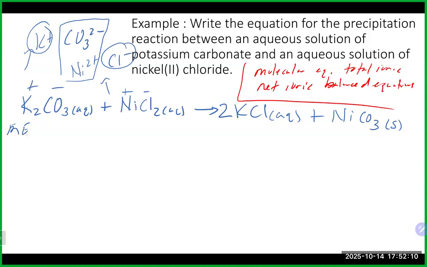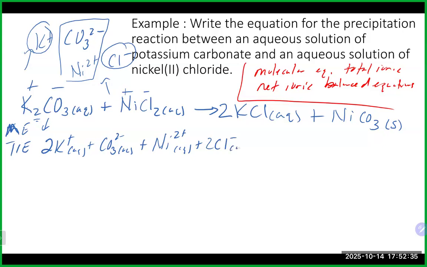And if we want to write our total ionic equation, we're going to break apart anything that is a strong electrolyte. So this will give us 2 potassium ions. Again, the 2 comes to the front and will give us a carbonate ion. The nickel(II) chloride will also break apart into nickel with a +2 charge, and we will get 2 Cl- in this case.